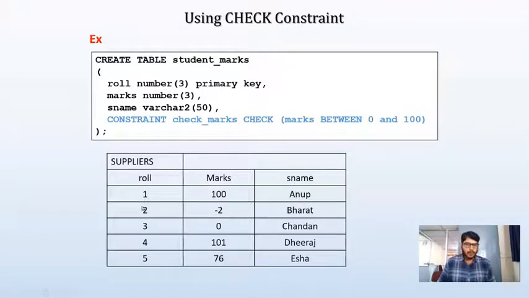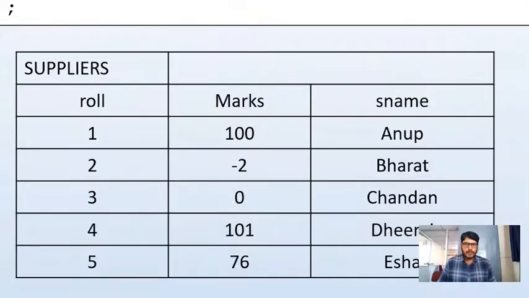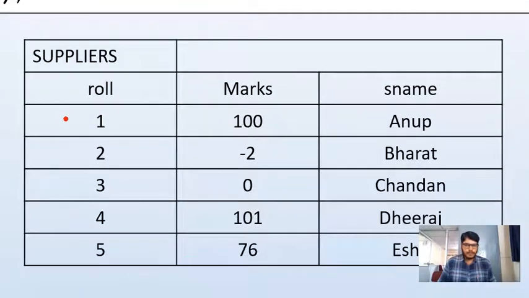Suppose I try to include the first value here. As you can see, this is the first value, and you can observe nowhere am I inserting duplicate values here, because roll has been defined as a primary key. As you can see here, 1, 2, 3, 4, 5. So I am storing what? Unique values, and nowhere am I storing any null values here.